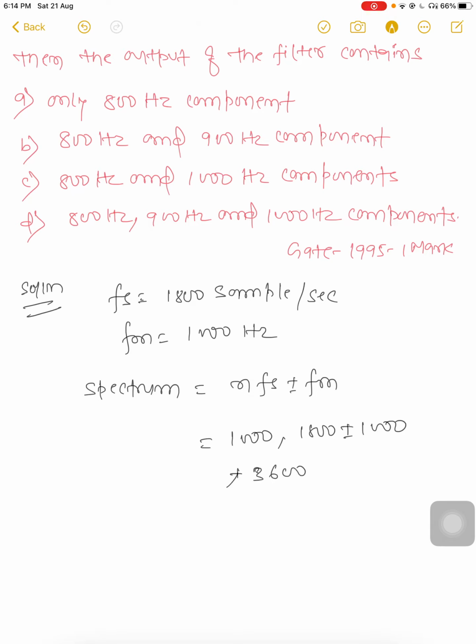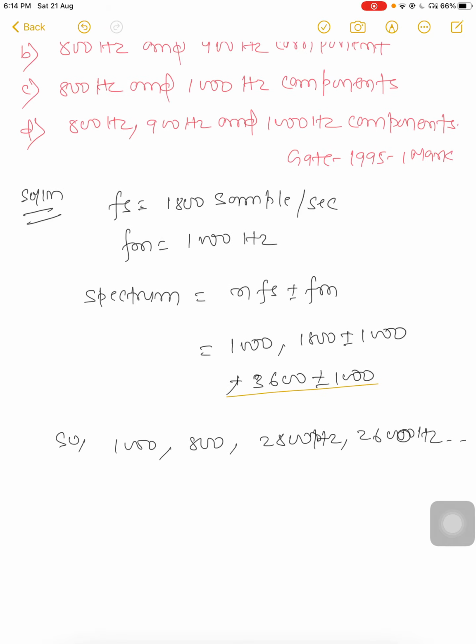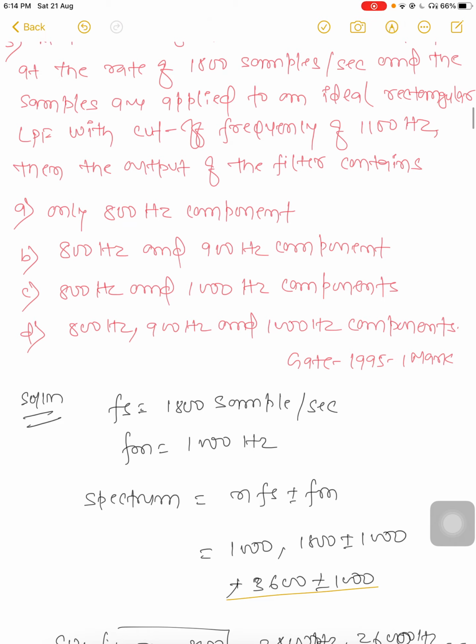Then n equal to 2, it will be 3600 plus minus 1000. In this way you will get 1000 hertz, 800 hertz, 2800 hertz, and 2600 hertz. The cutoff frequency of the low pass filter is 1100, so the output will be 1000 and 800.